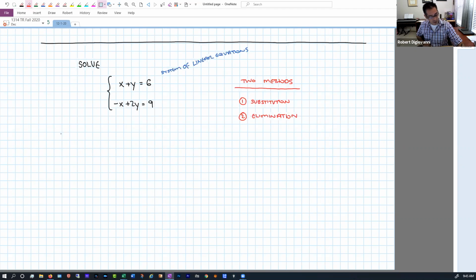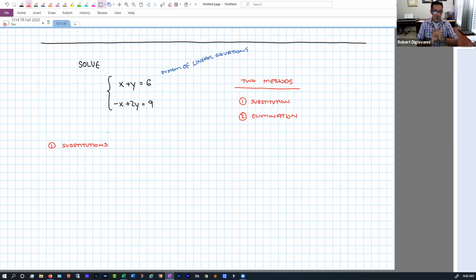Okay, so here's the first method, substitution. If I write the steps down, I think it gets confusing. I think it's better if I just work through it, and then once you see a few examples, you'll hopefully catch on to what we're doing.